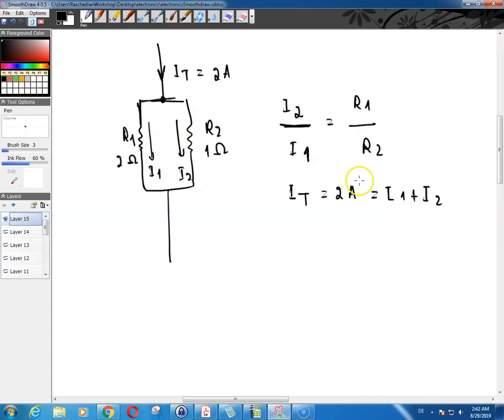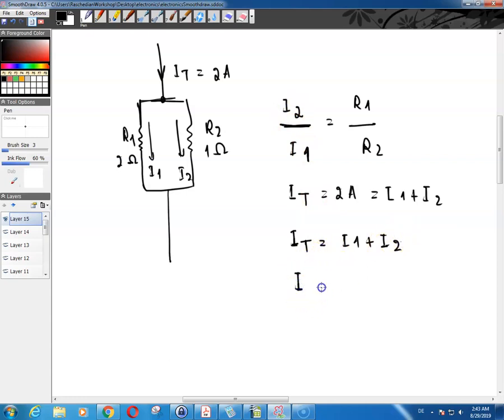So that means that I of t is equal to I1 plus I2, and I can write it in terms of I2.